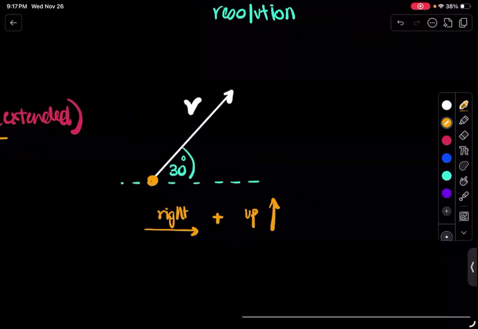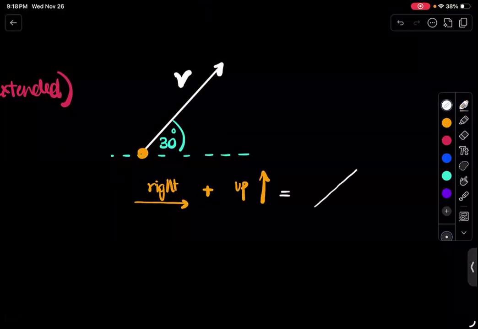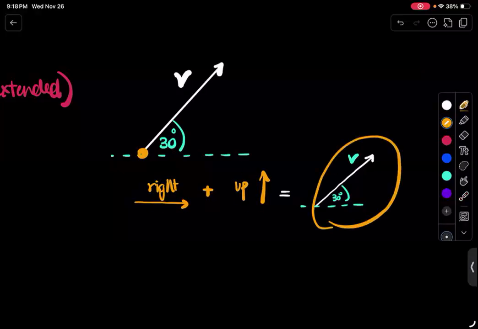It's a combination of both of these which makes your resultant vector, at a 30-degree angle. If you combine both the rightward velocity and the upward velocity, they combine to give you the angled vector. Whenever you throw a ball at an angle, the ball is going a bit to the right and a bit upwards as well. And when you combine both of those vectors, you get an angled vector.